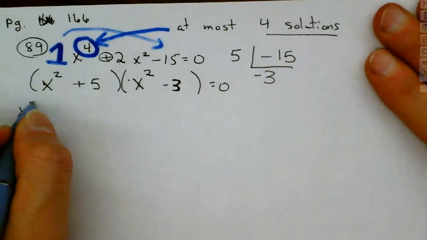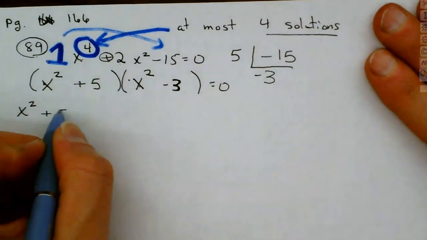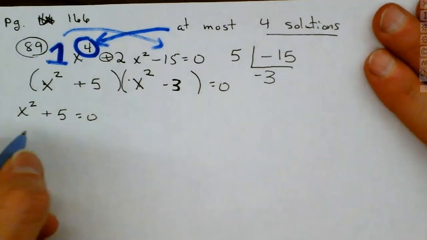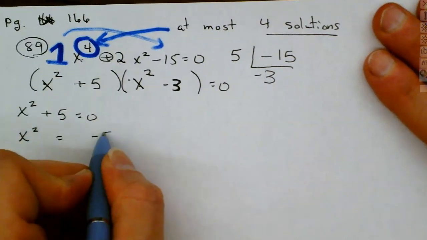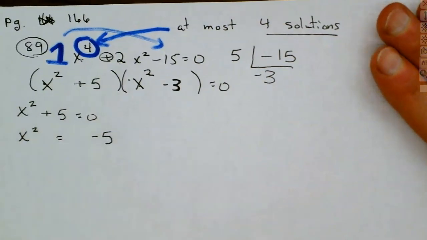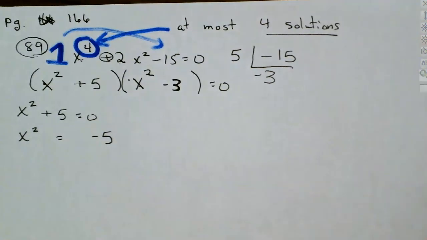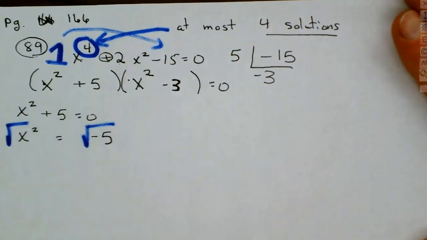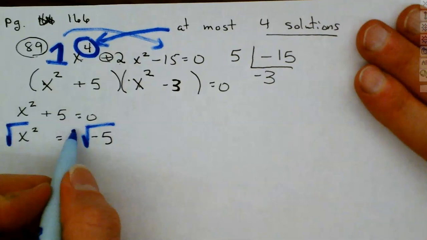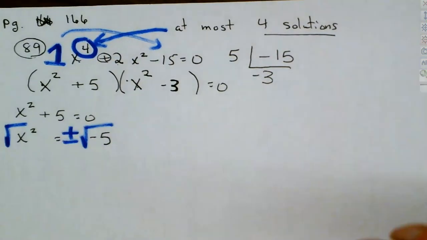So the first one is x squared plus 5 equals 0. So that gives me x squared equals negative 5 when I move it over. And we need to get rid of a square. So the opposite of a square is a square root. And whenever we take a square root, what do we add in? Plus or minus.